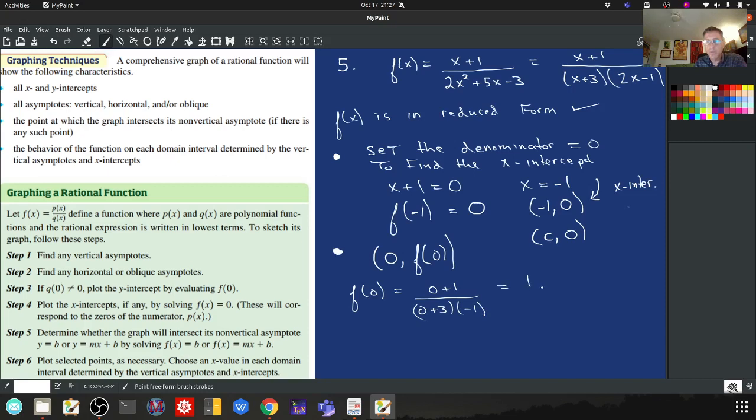So that's equal to 1 times 3 times minus 1, which is minus 1/3. So the point 0, minus 1/3 is the Y-intercept.